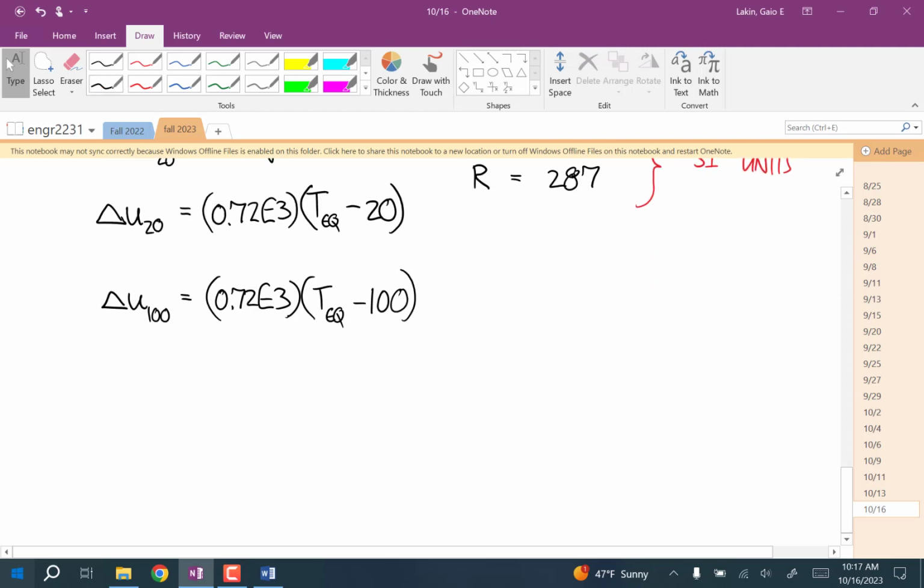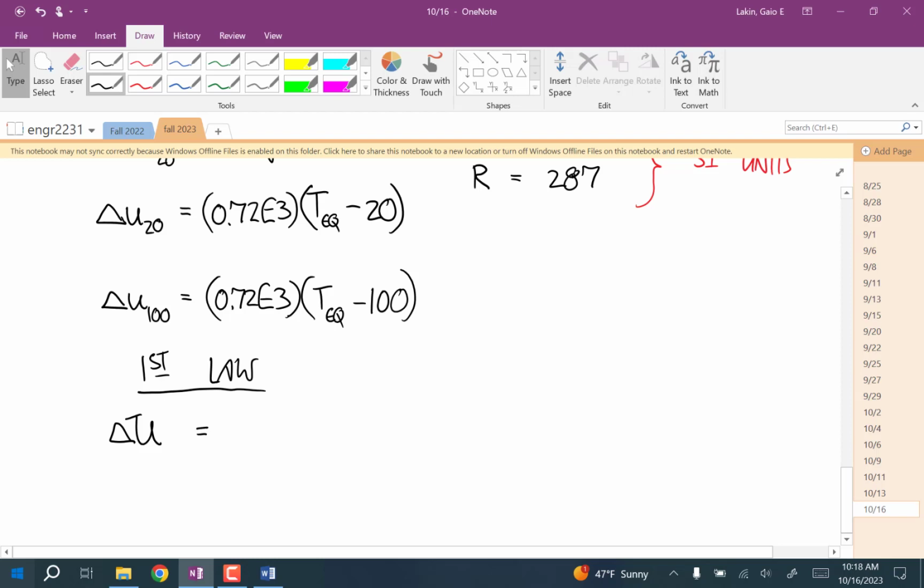Since this is isolated, the first law says the change in extensive internal energy is the mass of each of these times the change in specific internal energy.